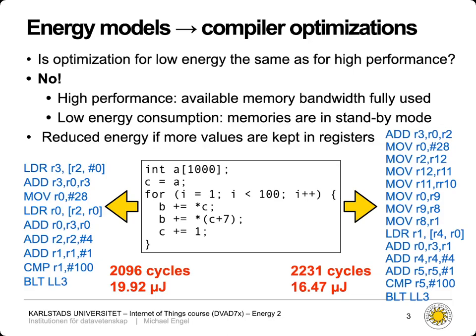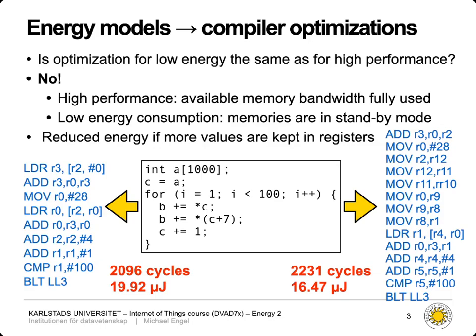Now, memories, as you can imagine, are some of the components of a computer system which contribute significantly to energy consumption. So if we want to achieve low energy consumption, we would in turn try to access energy hungry memories as little as possible.